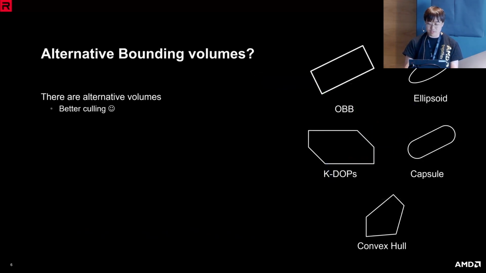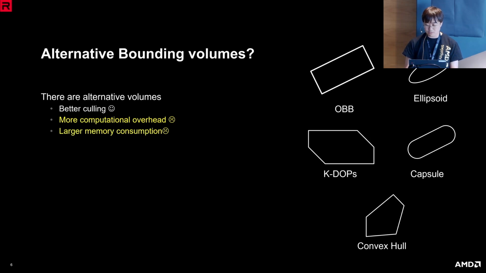In order to do much better culling, bounding volume selection is a very large factor. Of course, there are some choices for alternative bounding volumes other than AABB. For example, OBB, k-DOPs, ellipsoid, capsule, convex hull, etc. Their culling capability looks great, but they have more computational overhead, and also they have larger memory consumption.